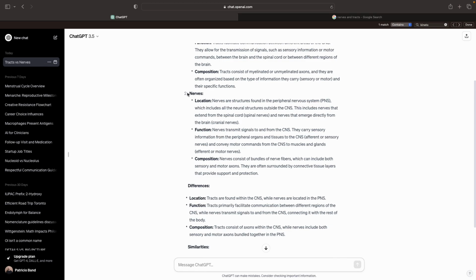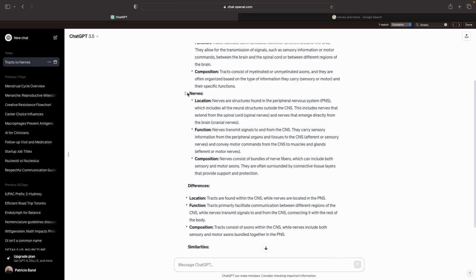The function is transmitting signals, communication to and from the CNS. So it's between CNS and PNS. They carry sensory information from the peripheral organs and tissues to the CNS, afferent or sensory nerves, and convey motor commands from the CNS to muscles and glands, efferent or motor nerves.